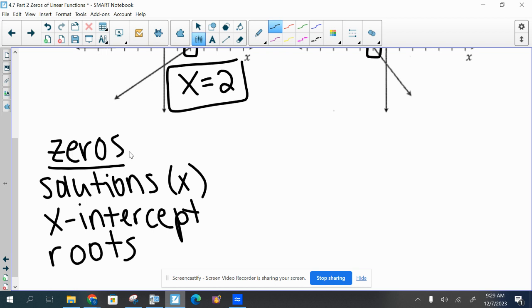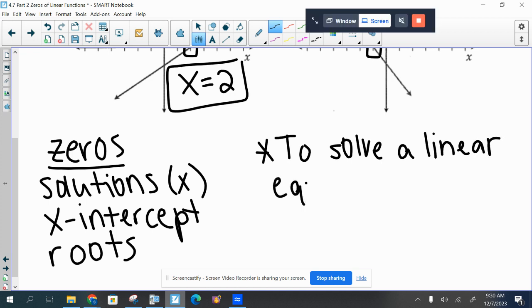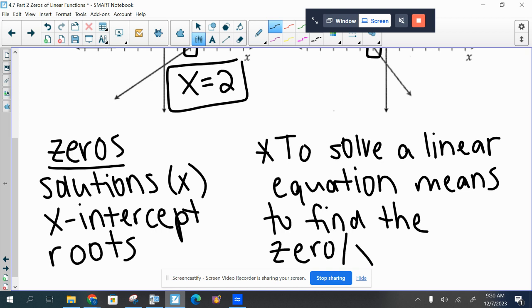Okay, there's another note that we're going to write beside it, and it's to solve a linear equation means to find the zero / x-intercept.